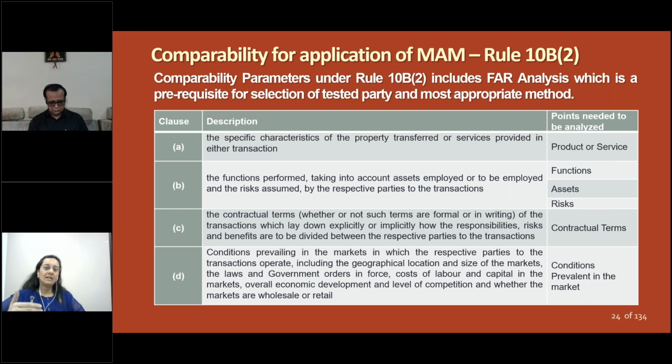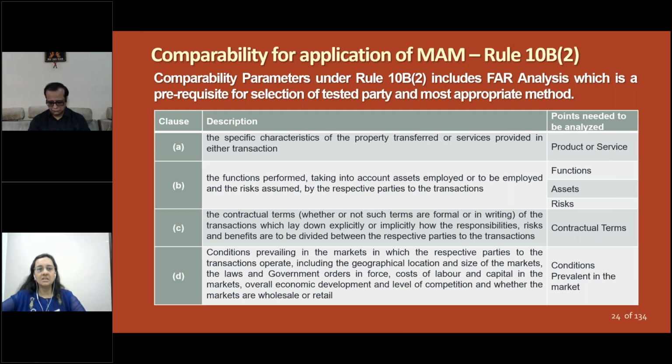So when you look at comparability criteria, you can't just look at A. Once you look at A, then you'll have to look at B, C, and D. The whole bouquet of comparability criteria will help you judge whether the comparable that you want to accept to determine the arm's length price is actually the correct comparable or not.